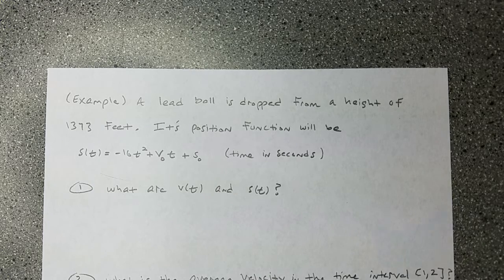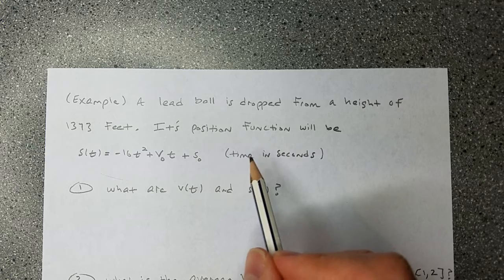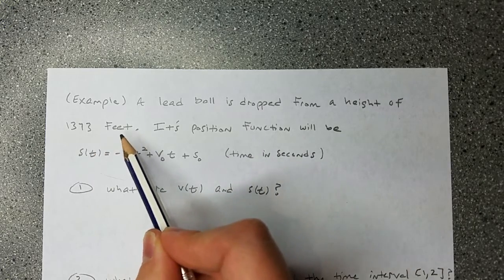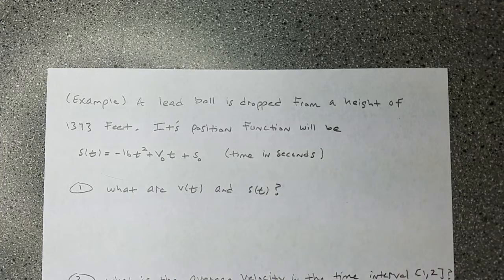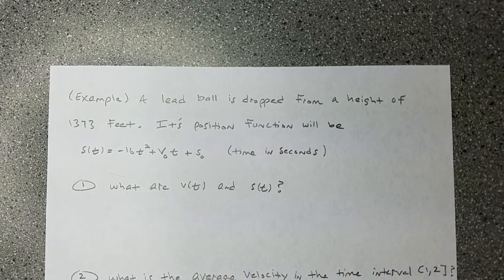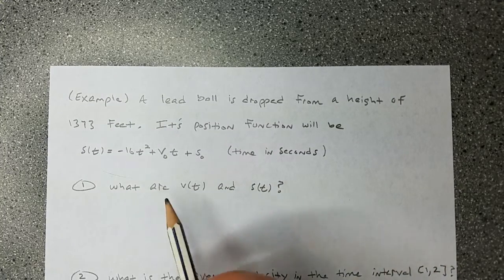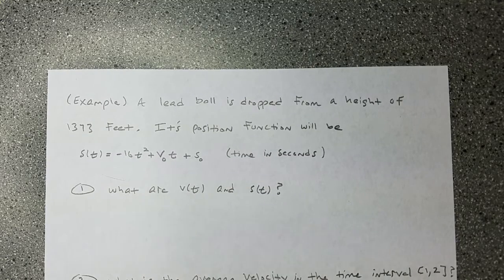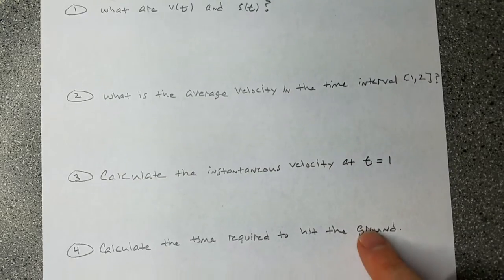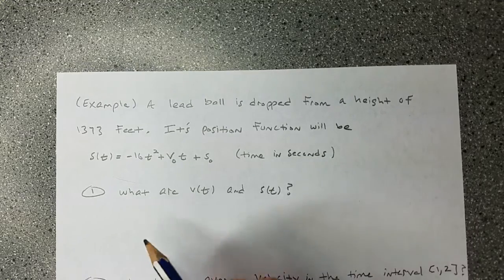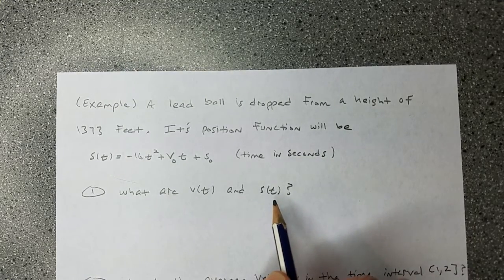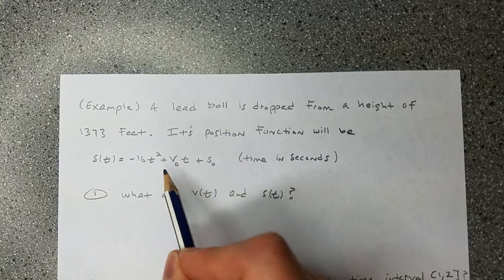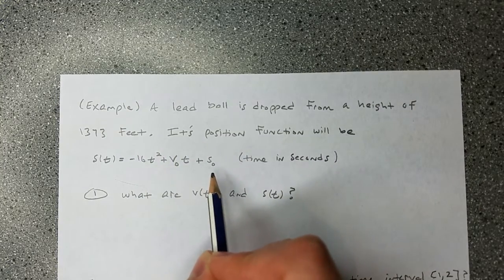Say that the position will be in feet above the ground and time will be measured in seconds, as I indicated. That's the premise of the question. I have several parts of this one that I want to explore with you. First, what are v of t and s of t? We have to read between the lines a little bit here.